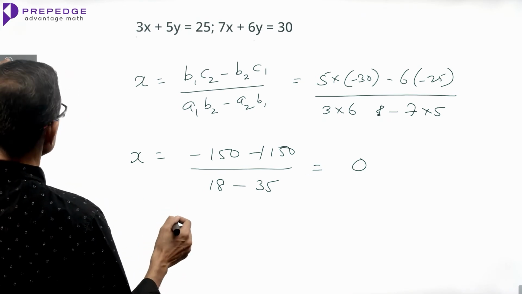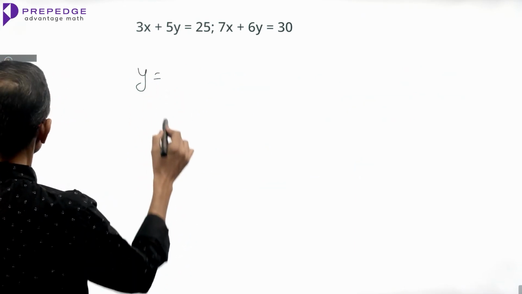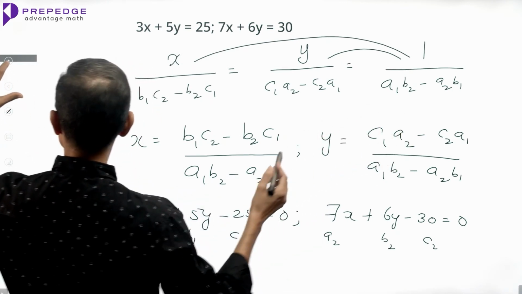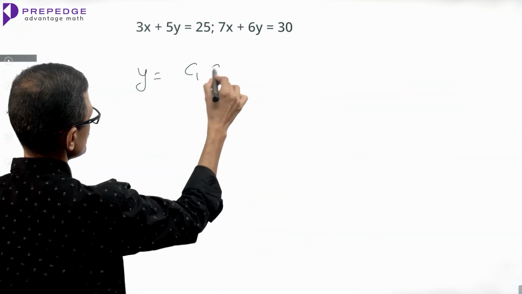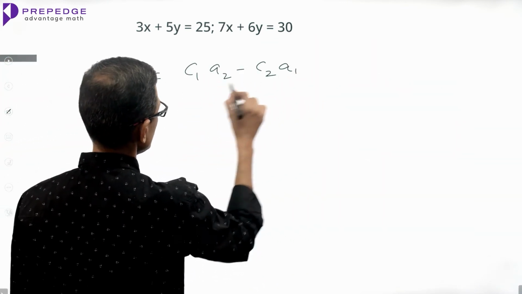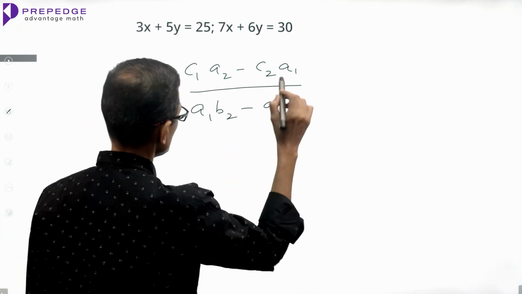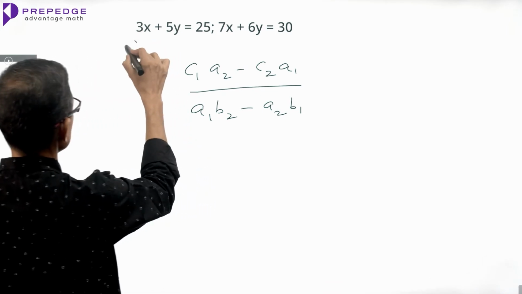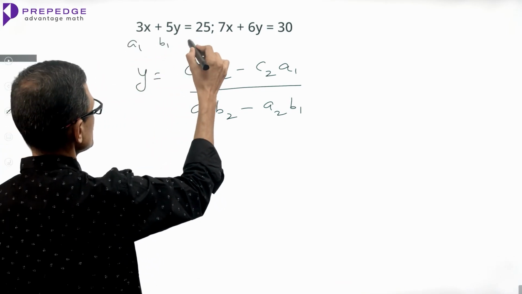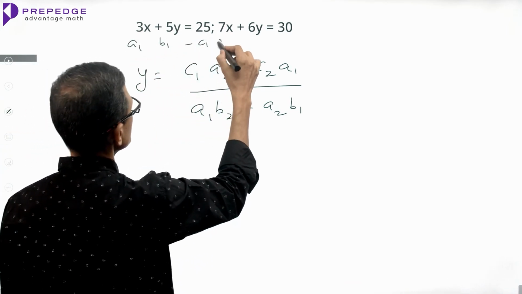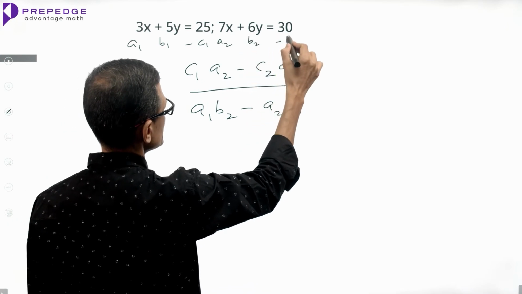Value of y can be found out as y is equal to formula c1 a2 minus c2 a1 divided by a1 b2 minus a2 b1. The value of a1, b1, c1 is negative of this, a2, b2, c2 is negative of this, right?